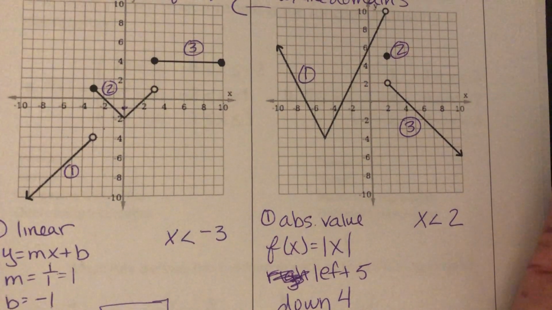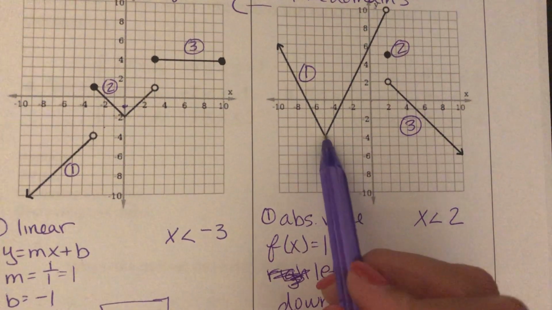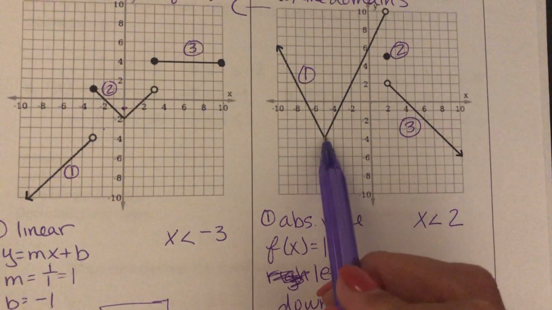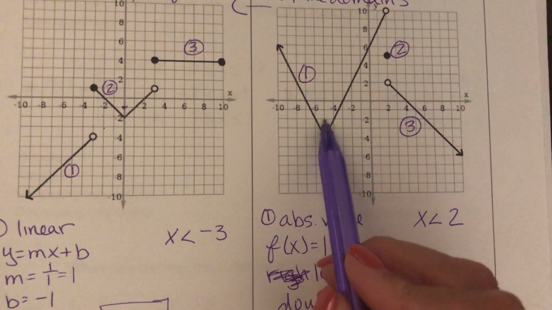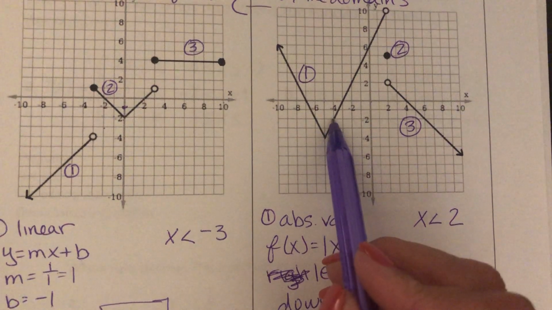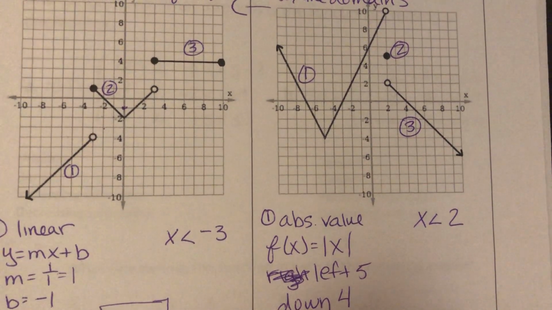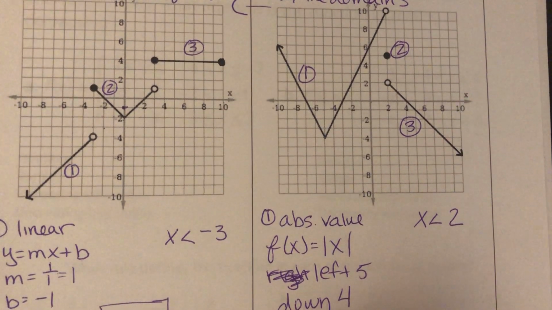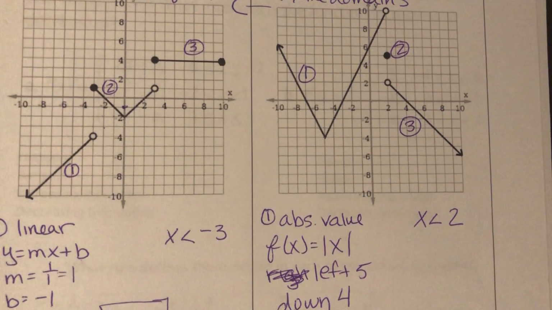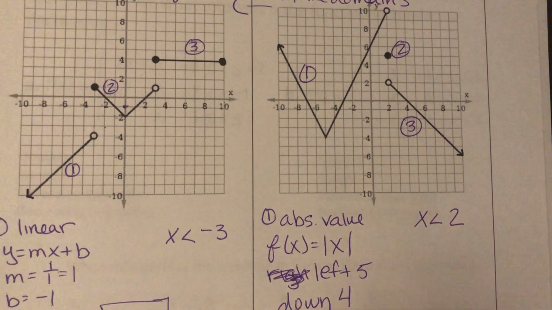Now let me check for a stretch or a compression. So I start at the bottom, and I'm going to find the slope. 1, 2, so up 2 over 1, up 2 over 1. So that's a stretch. Stretch of 2 over 1, or just 2. All right, then I'm going to put it all together.